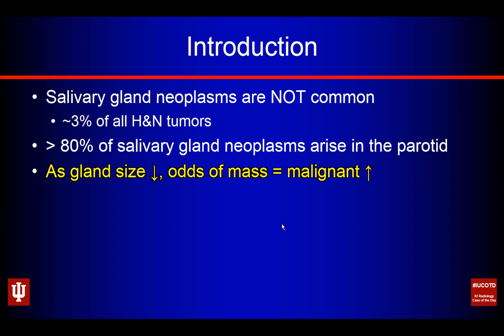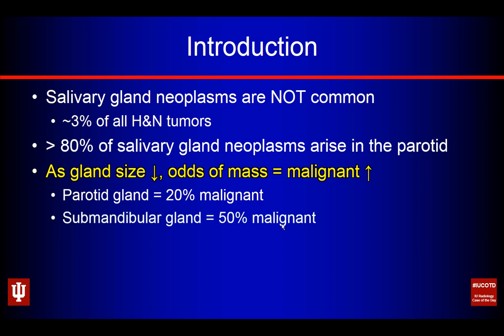That risk increases as you go to the next smaller gland, which is the submandibular gland, and that risk really increases when we deal with the small sublingual glands and the minor salivary glands. So for instance, take all comers. Parotid gland masses, maybe only about 1 in 5, so 20% or so, will be malignant. Not terrible odds.